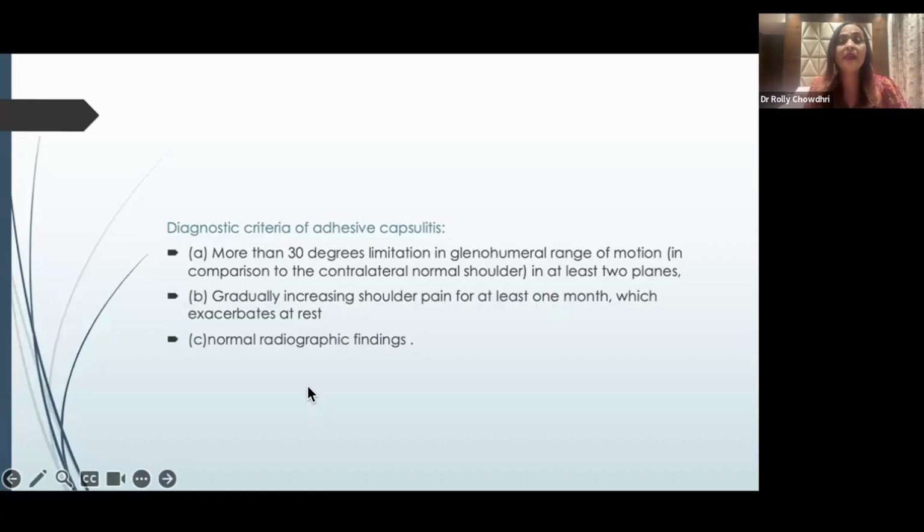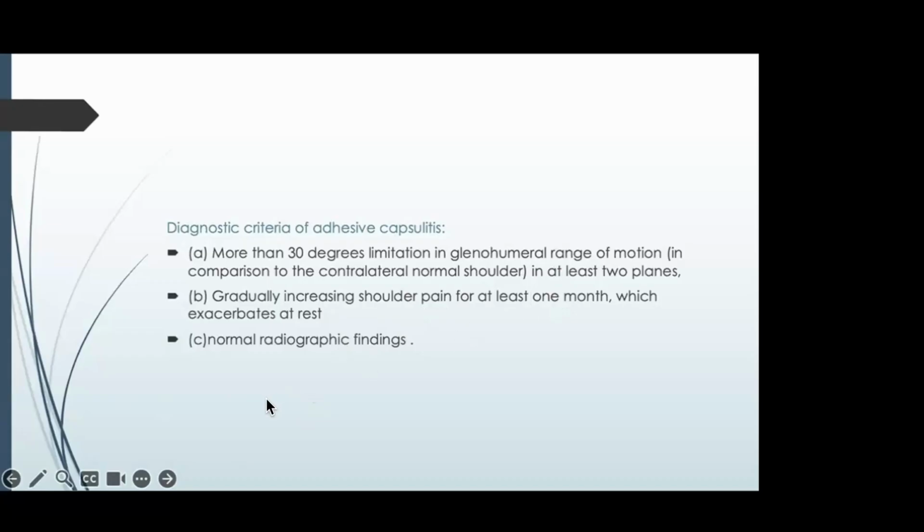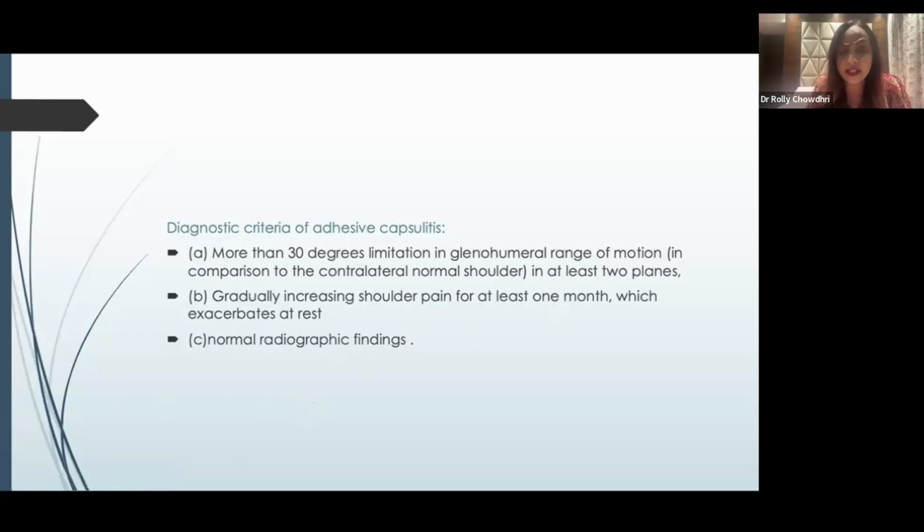X-ray is normal, but the patient develops severe pain and stiffness with restriction of movement, which progressively increases. More than 30 degrees limitation in glenohumeral range of motion. It is also known as an inflammatory fibroproliferative disease because there is inflammation, then fibrosis, then joint capsule contraction. That is the pathophysiogenesis behind this.